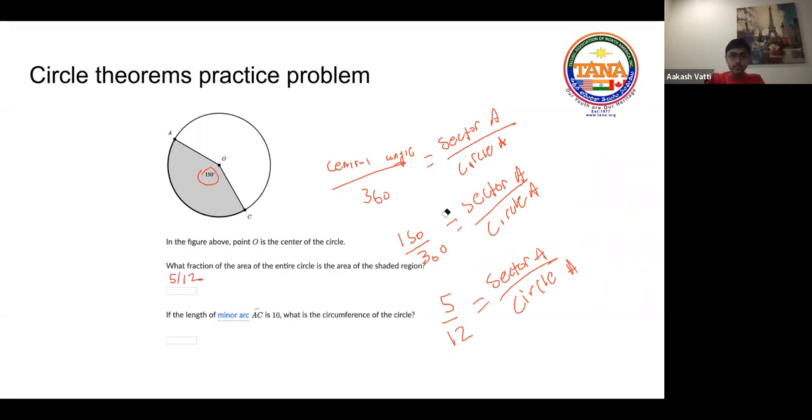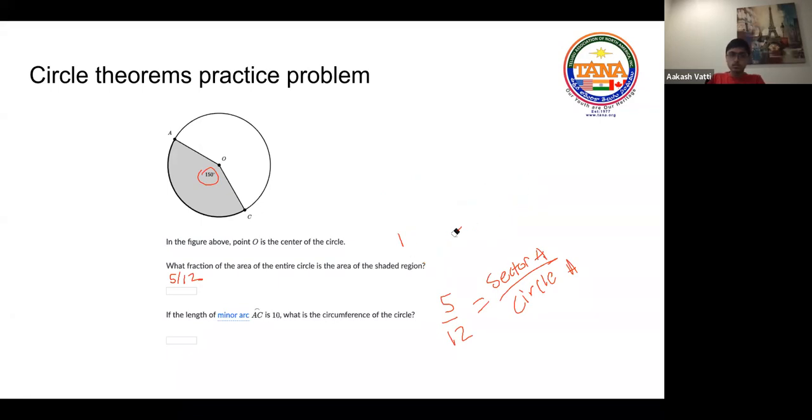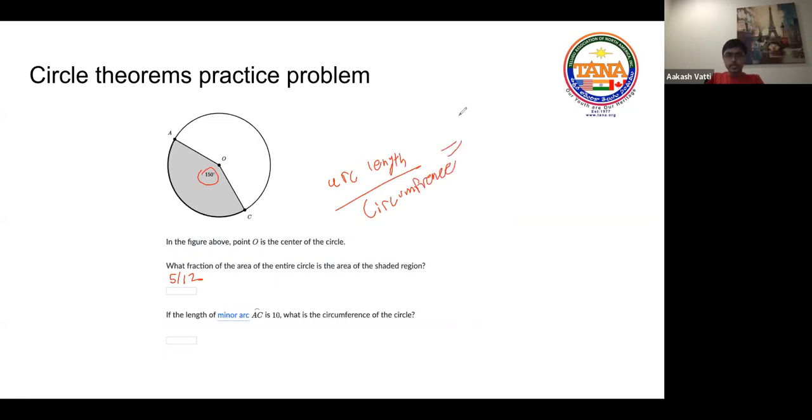For the other question, let's erase all this. So for the other question, the formula that you need to know is arc length over circumference is equivalent to sector area over circle area.